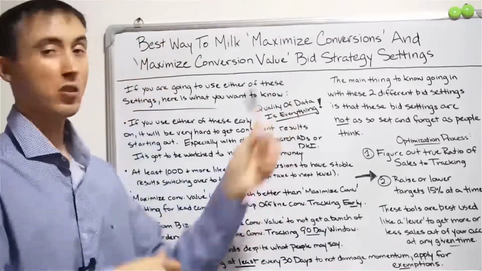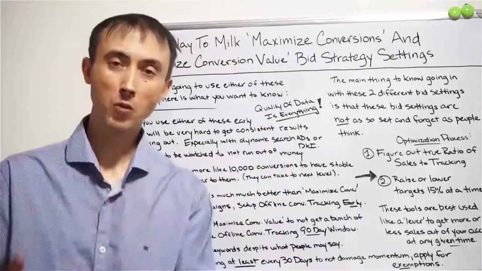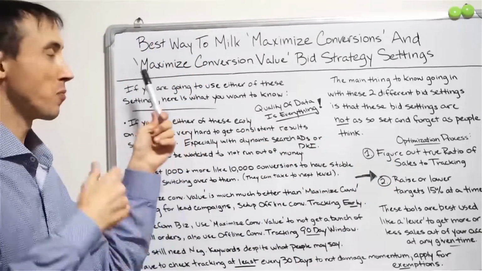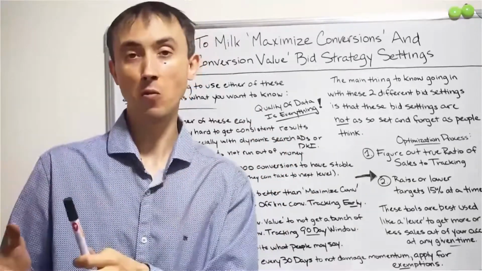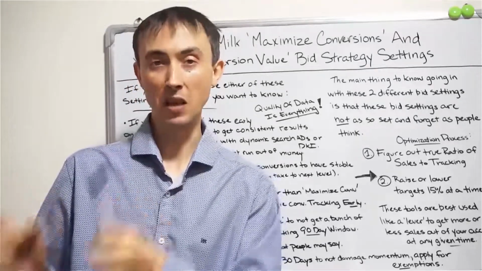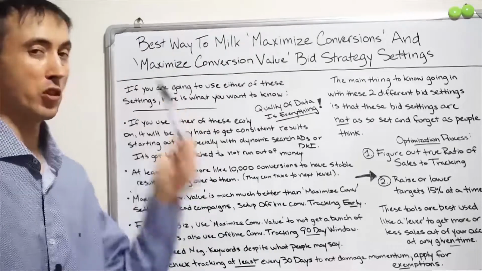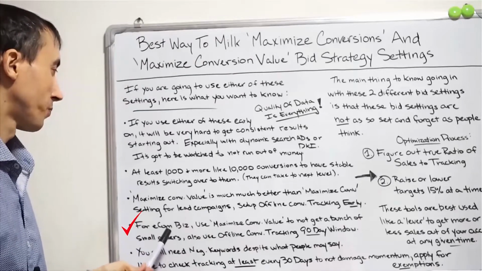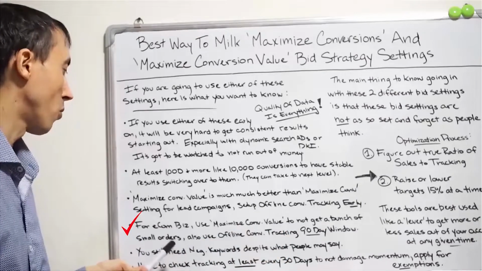You could use maximize conversions and at least give Google the data about whether the lead was qualified or not, but it's still much better to give them the sale revenue, or what you anticipate the lifetime value of the customer will be, and use that to optimize and then switch over to maximize conversion value instead. For e-commerce businesses, okay, use maximize conversion value to not get a bunch of small orders.